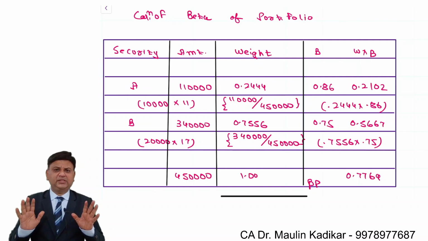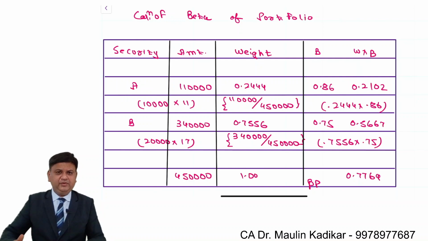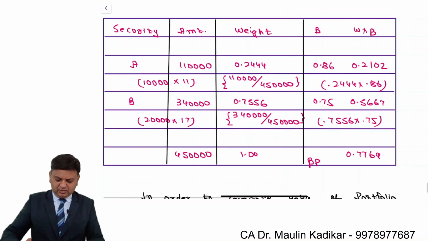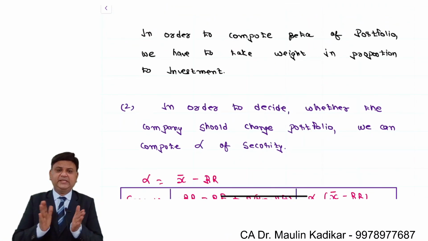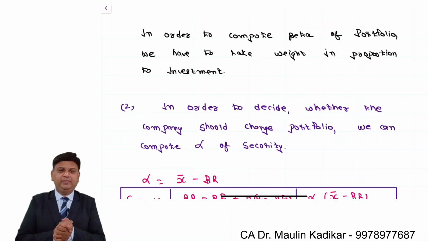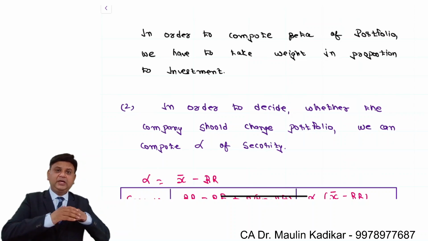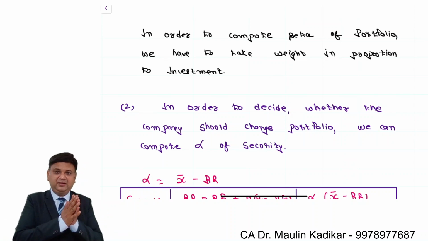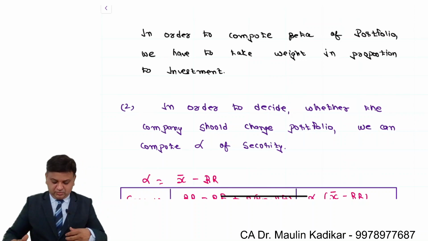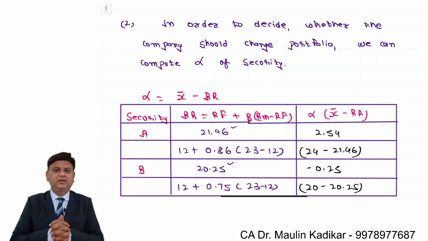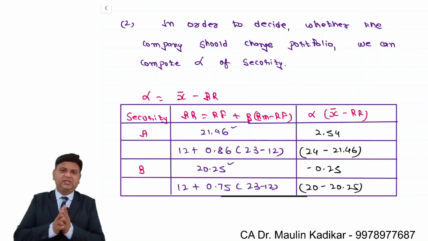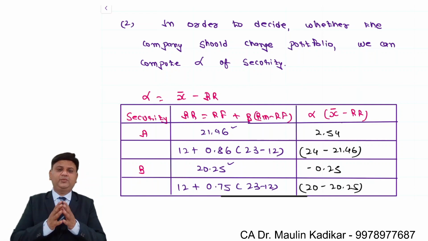So finally, a small summary. First of all, we have computed the beta of the portfolio. Just be careful that the beta of the portfolio is calculated as a simple weighted average, wherein the weight is taken in the proportion of the investment that you have made, that is, the amount. Second, we are required to take a decision regarding reshuffling of the portfolio.